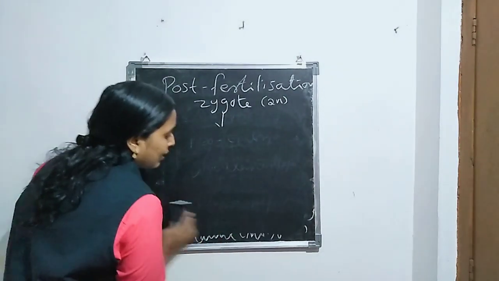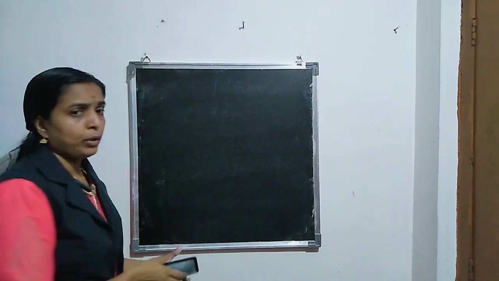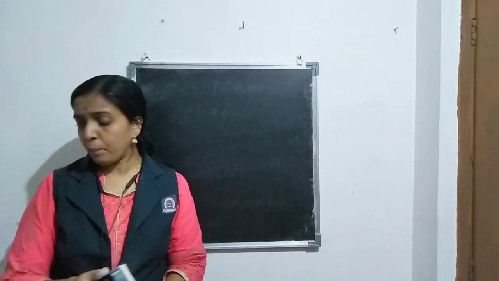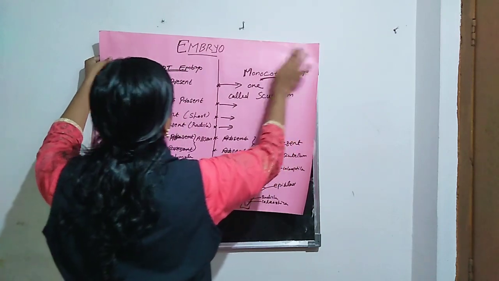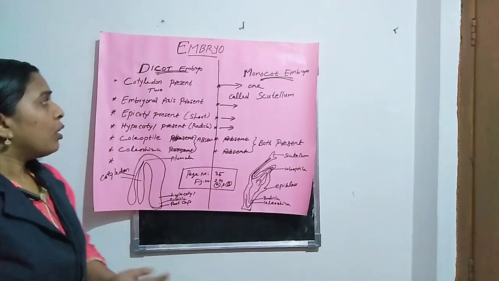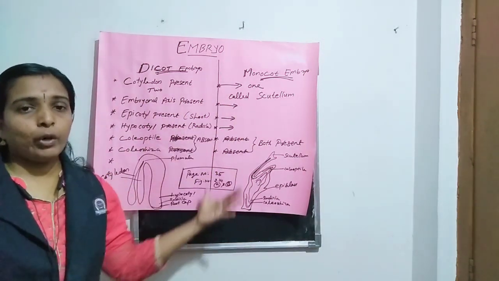Then we can discuss two types of embryo, dicot and monocot embryo. What is the difference between them? I already wrote the points here.